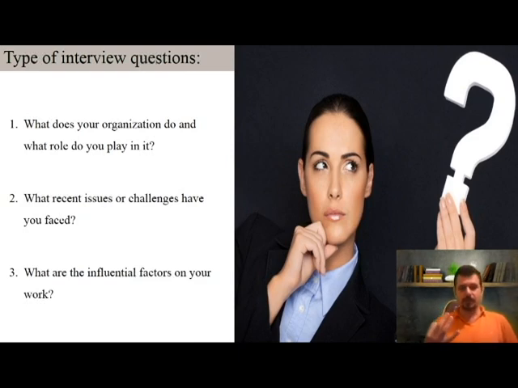Three types of questions can help to find some aspects of the process. We should consider that we are talking about process modeling in this stage. The first is, what does your organization do and which role do you play in it?